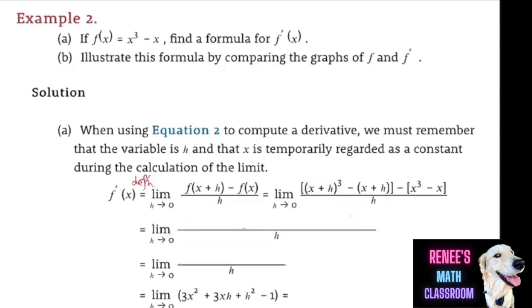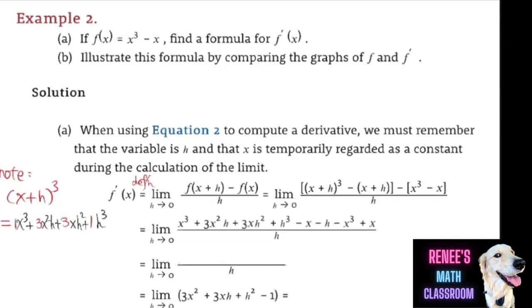So note, x plus h cubed. Remember the Pascal triangle. The coefficients will be 1, 3, 3, 1. So it's 1 x cubed plus 3x squared h plus 3x h squared plus 1 h cubed.